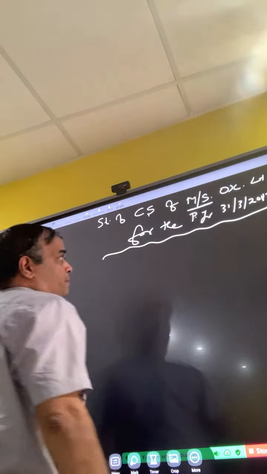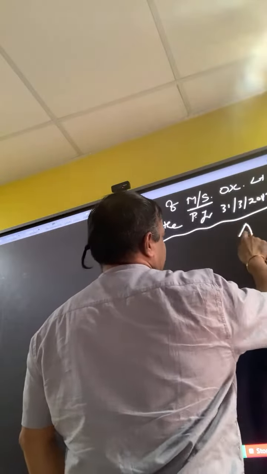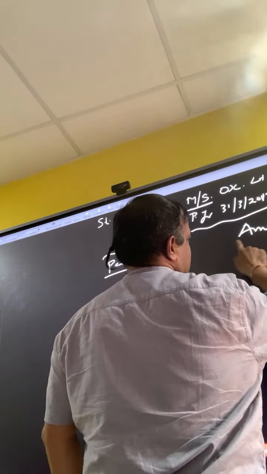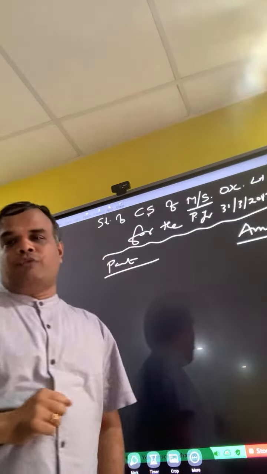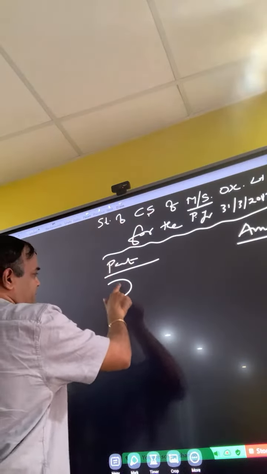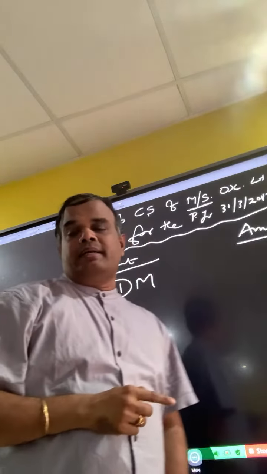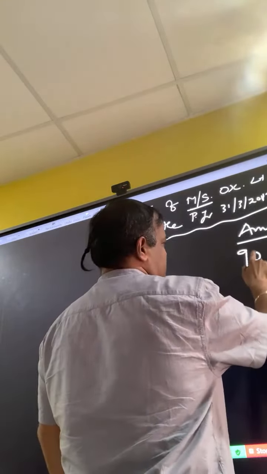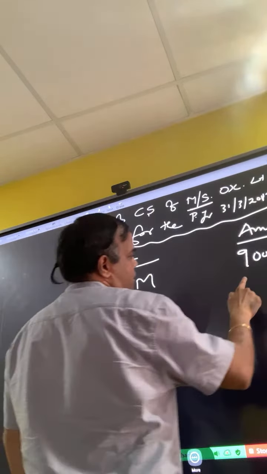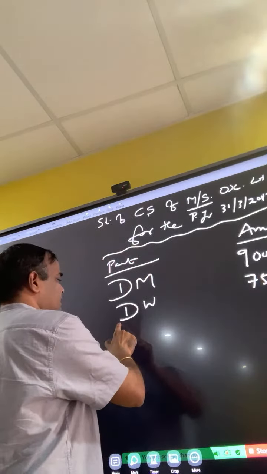So, cost sheet for the period, particulars and amount in rupees. You know the format for the cost sheet. Direct material. How much is the direct material cost given? 9,000. Direct labor or wages? 7,500.